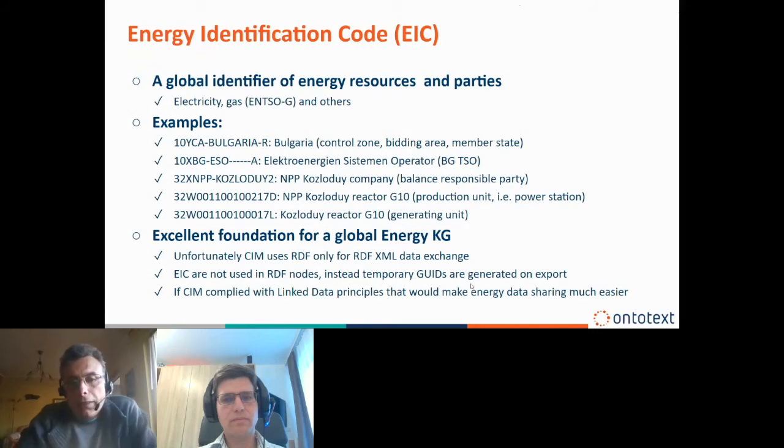So we think that if CIM was slightly reoriented to comply with linked data principles, that will make energy data sharing much easier. Rather than having to send a message to somebody and ask for information, you can go to a well-known URL and get that information on demand, and it will be guaranteed timely information.